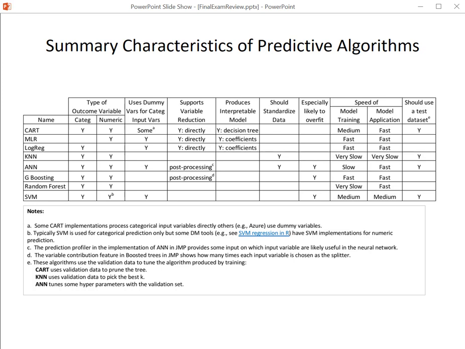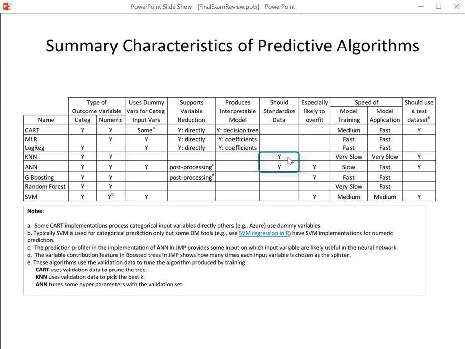Should you standardize the data? The answer is sometimes it's not required. With CART and MLR, it's not required, for example, but there are a couple of algorithms where it's very important to standardize the data. KNN is very important to standardize, and a lot of the data mining tools will just do it automatically.